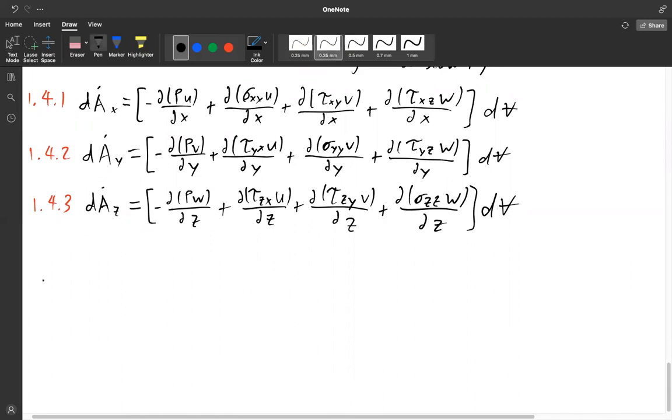So now we can assemble the sections that we have just worked with.